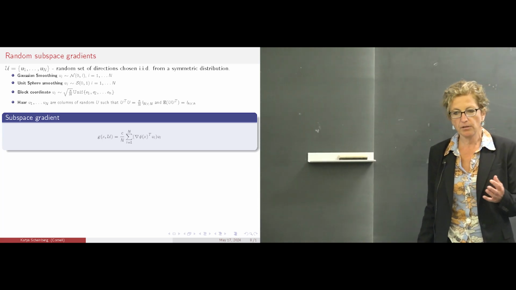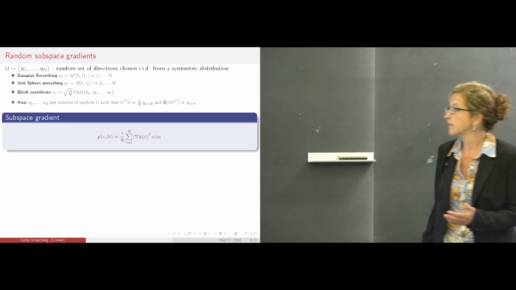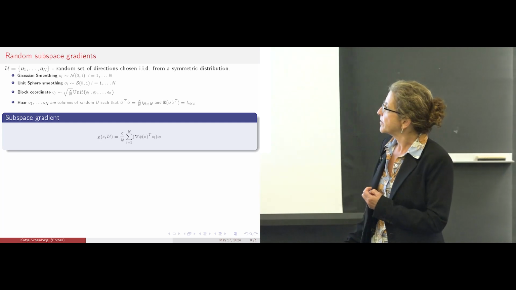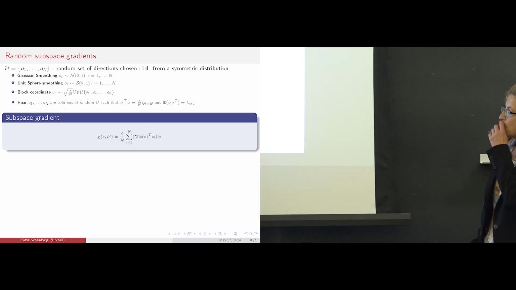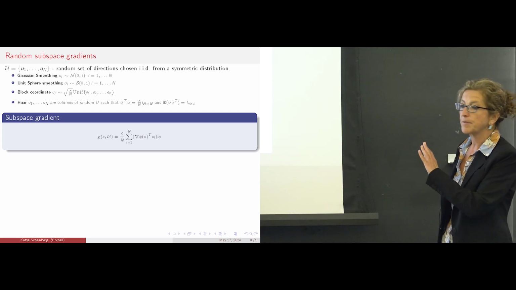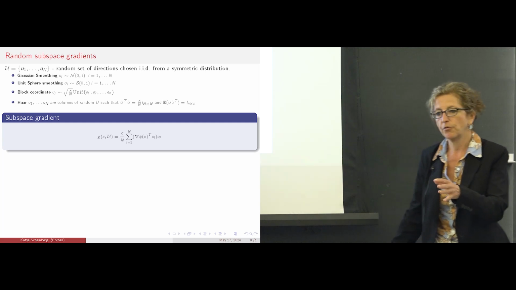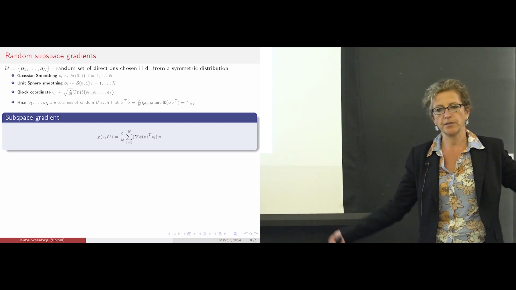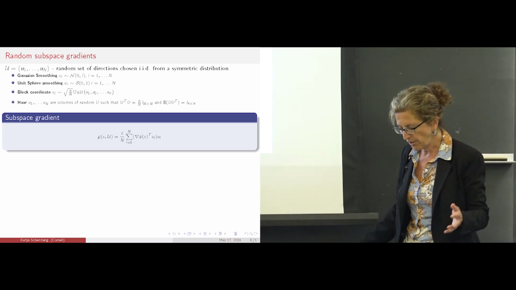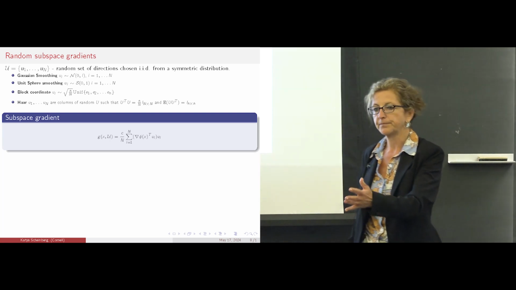OK. Different setting with the same thing. This setting will not appear useful until I switch gears a little bit to derivative-free optimization. But let's say you want to now estimate the gradient in a subspace. There are various ways to do this. You're in a very large dimensional space, say 1 million dimensions, and you somehow want to work in a 10-dimensional subspace.